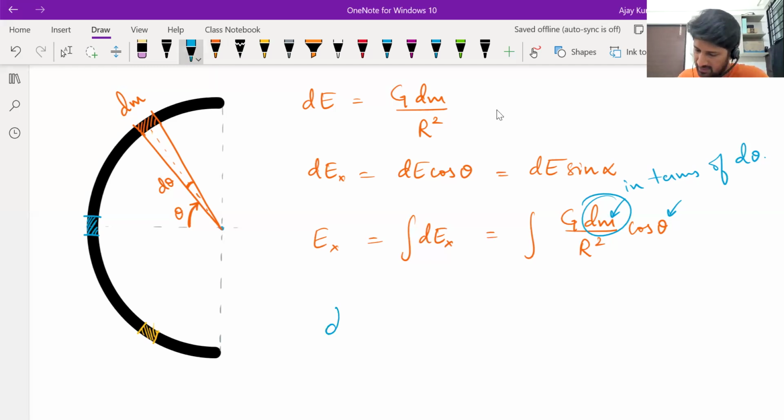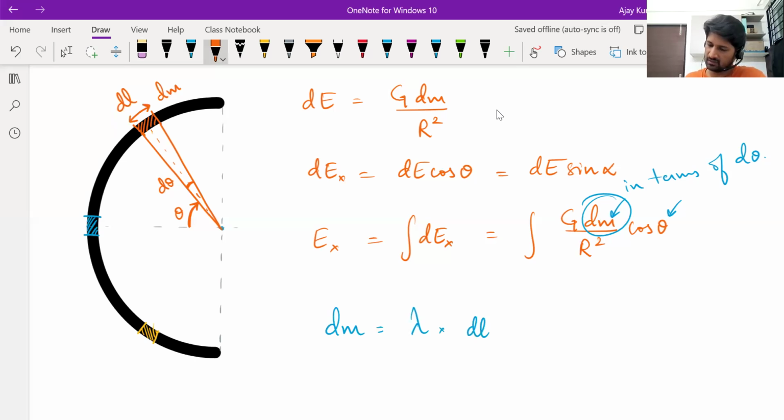You can write dm is equal to lambda, that is linear mass density, total mass by total length or small mass by small length, multiplied with length of the element. That's one way to proceed. Let us do it this way first. So we are going to consider length of this element as dl. Mass is dm, length is dl.